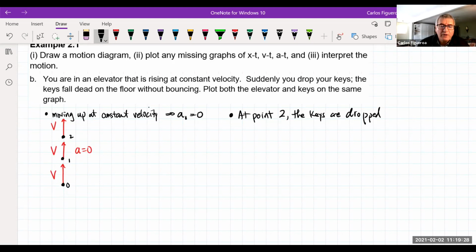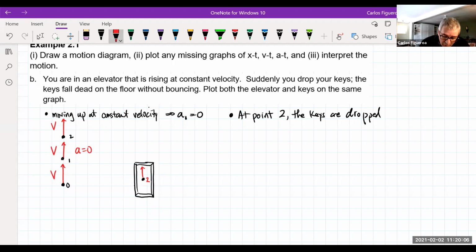Okay, question, what does that mean? Well, if I look at my picture here, you could imagine that I have my elevator. Let's imagine here's my elevator. And what you're seeing here is that the keys, let's say, are at this point right here. And what we'll know here is that at this point, I'm going to call that velocity 2 right there.